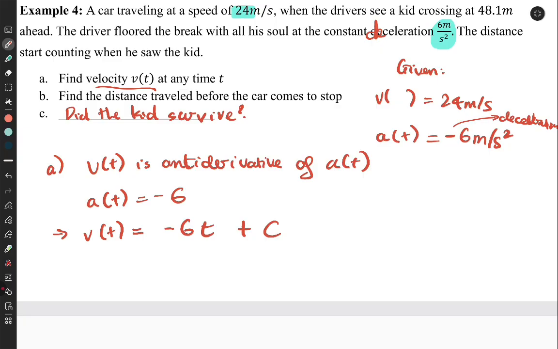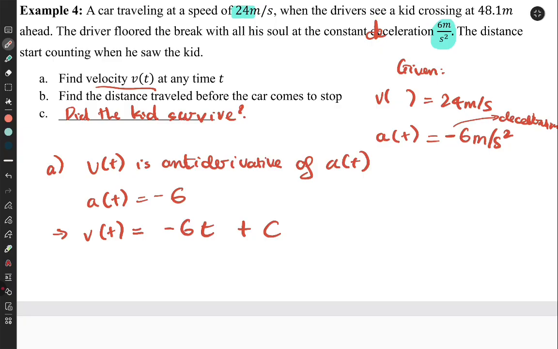But we have used that. We're going to use it, but not for velocity, because that is the distance. We haven't used the speed number right here. The car is traveling. This is the road, the kid here, the car over here.